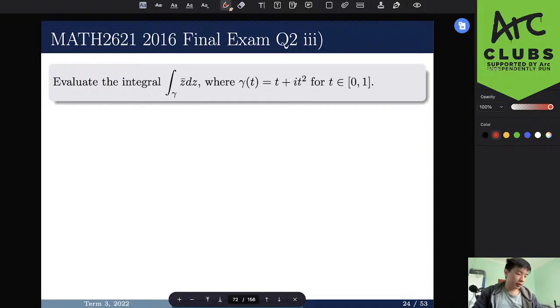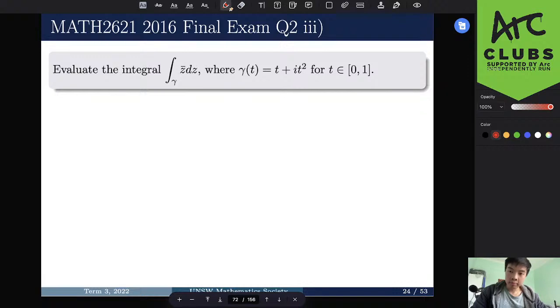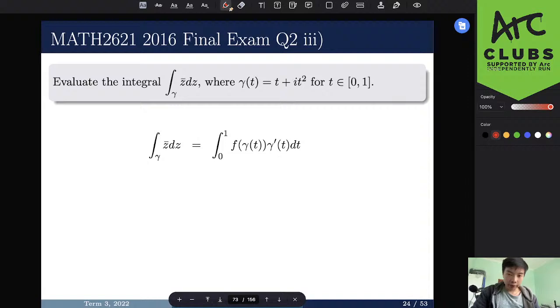Now, we have this integral right here, which is z bar, and we want to integrate it by the contour that's given, which is gamma is equal to t plus it squared, and t ranges from 0 to 1. So what we can do is the complex line integral, and we just substitute in our gamma of t and derivative.